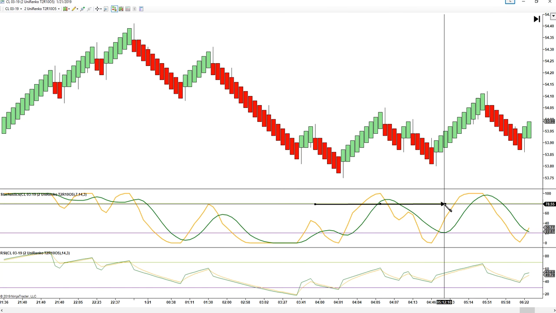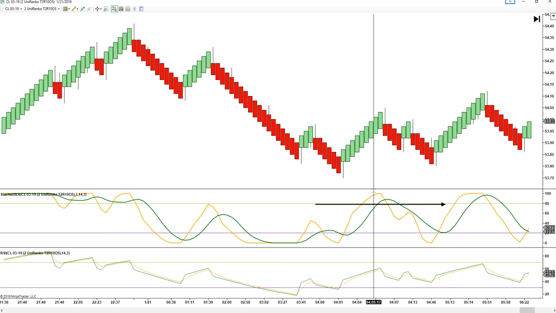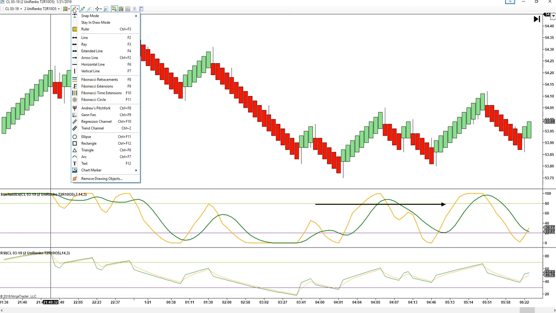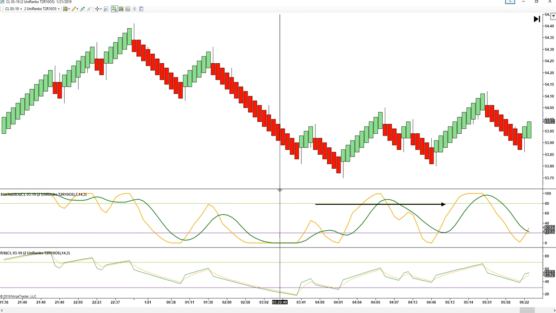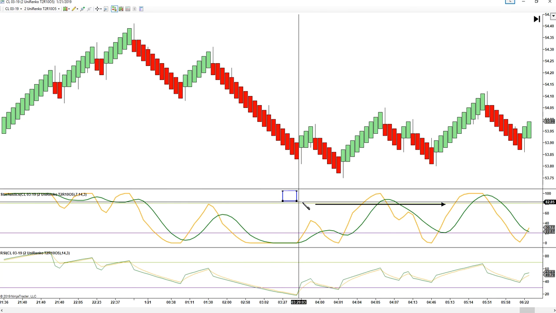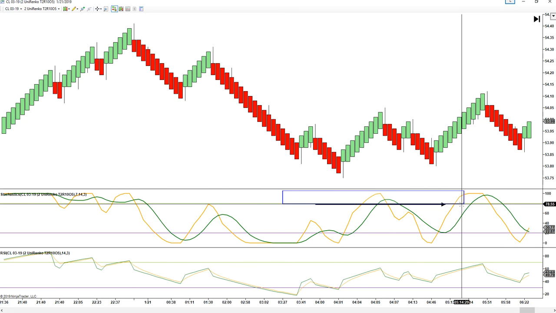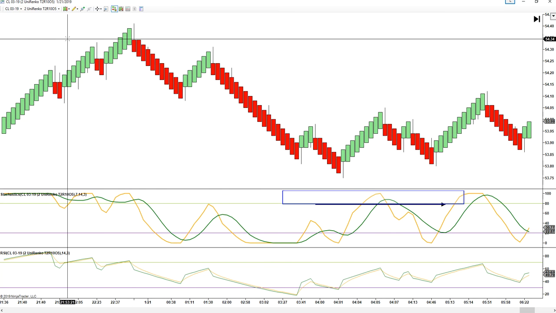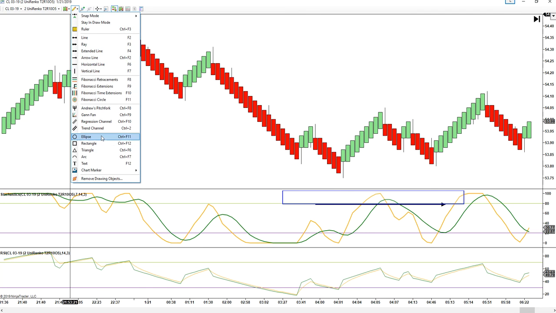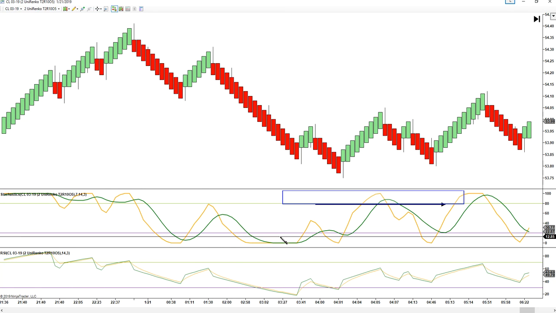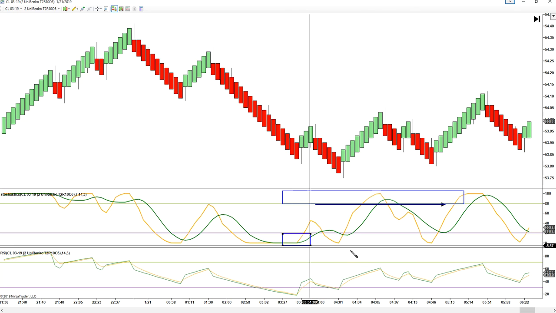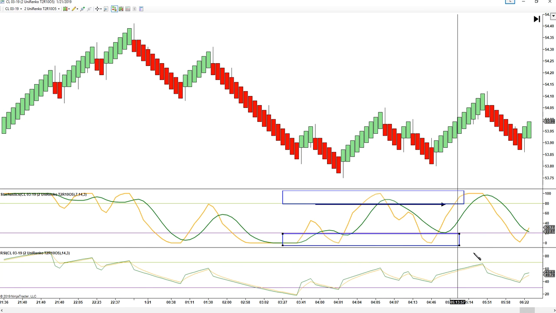a signal that takes place here where the market's overbought. And I'm going to create this here. That's your overbought zone. Here is your oversold zone. Right here.